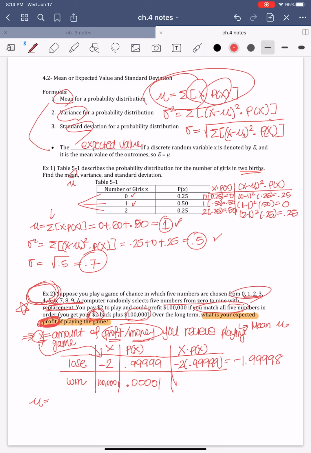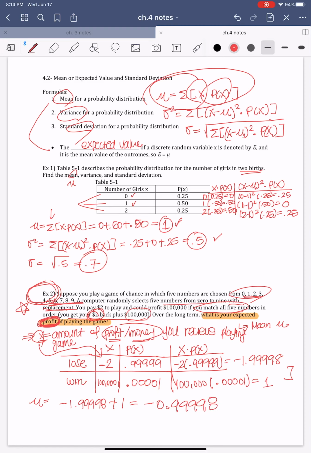You have 100,000 times 0.00001. The final answer I'm getting is 1, so I'm going to add those two columns for the mean. -1.99998 plus 1 gives you -0.99998.